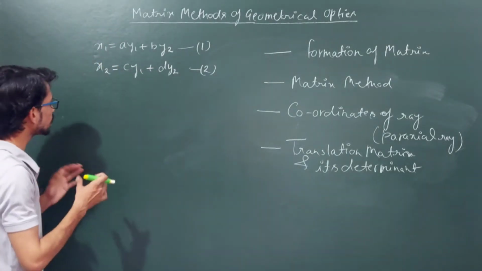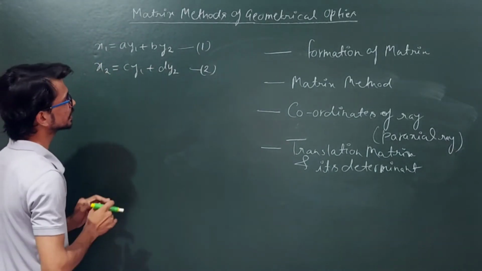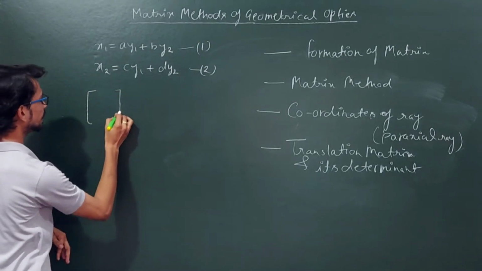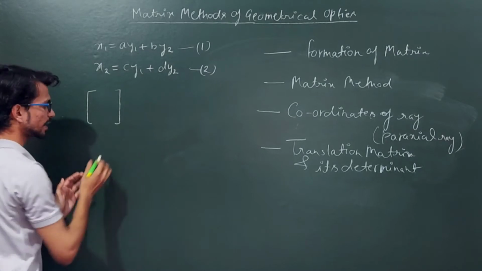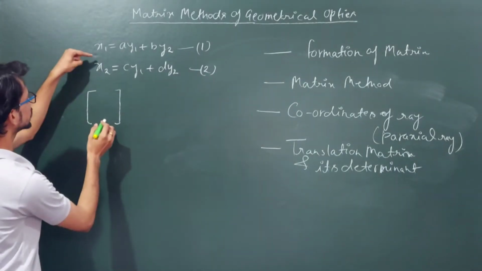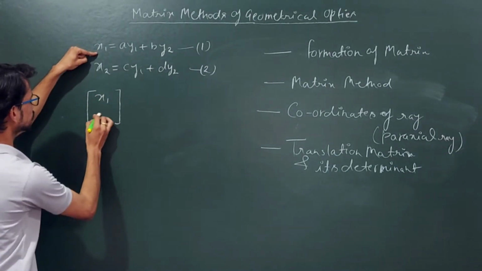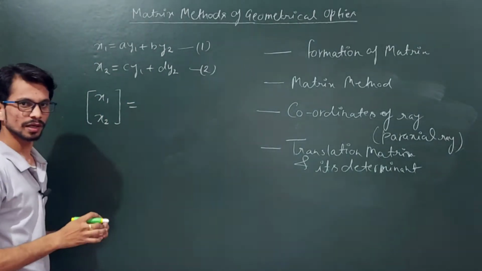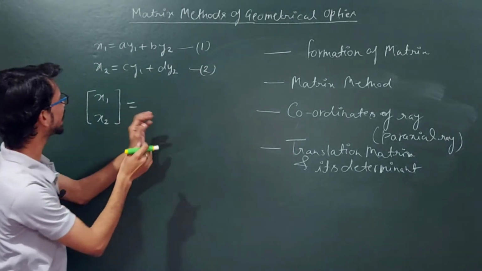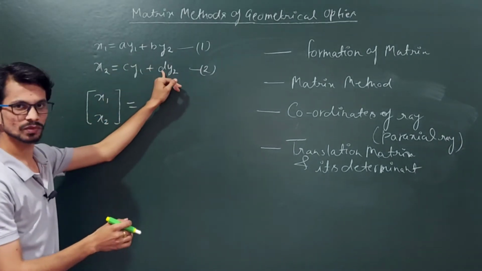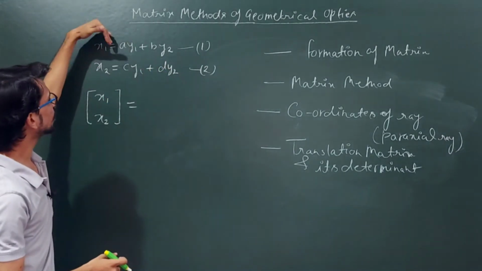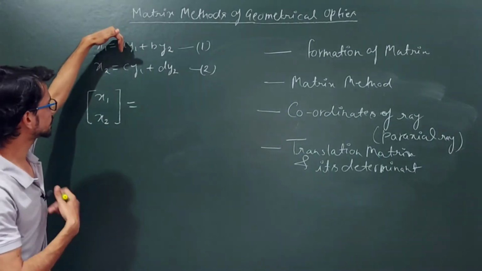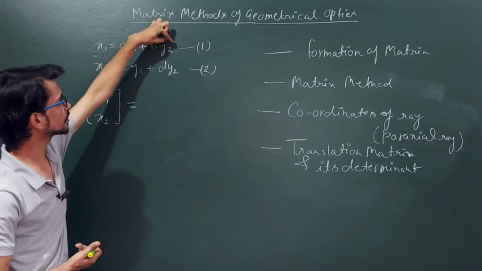So how can we form a matrix associated with these two equations? First, we make a rectangular array that will have these constants x1 and x2 in this way, equal to. Now we form a matrix having these constants. The constants of the first equation, a and b, are respectively the coefficient of y1 and the coefficient of y2.